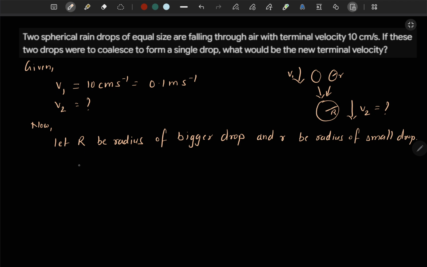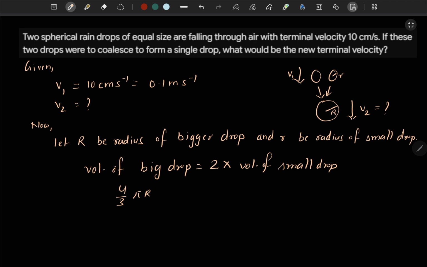So since the two drops are combined to one drop, volume of big drop must be equal to 2 times volume of small drop, or 4 by 3 pi R cube is equal to 2 into 4 by 3 pi small r cube. R cube is equal to 2 r cube, and this is the relation between the radius of the two drops.